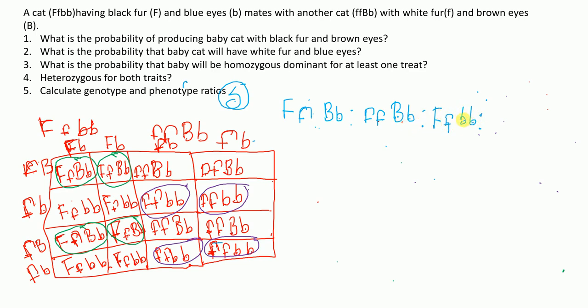Okay, this is small f, and the next is small f, small b, small b. Other than that, do I have anything? Capital F, small f, capital F, small f. In none of the cases capital F, capital B, small b, and small f, capital B, small b.